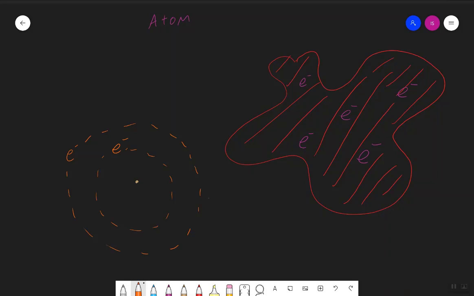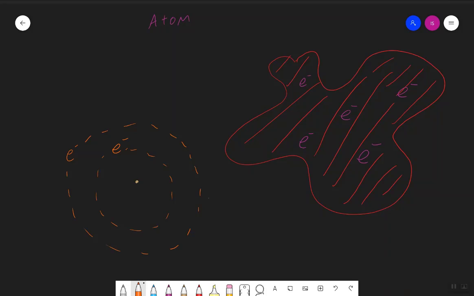Now, it turns out this is not correct. In fact, the electrons are not in fixed orbits, and in quantum mechanics, we will show, and this is one of the things we will show by the end of this course, that the electrons actually aren't going in an orbit, they're actually in a probability cloud, right?